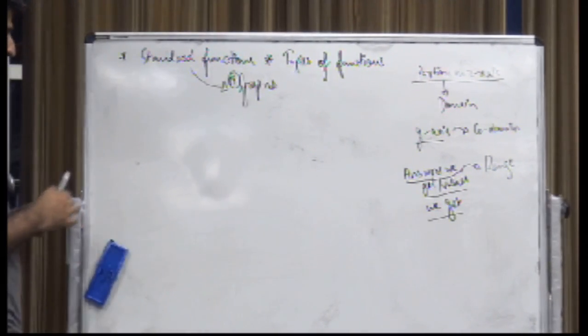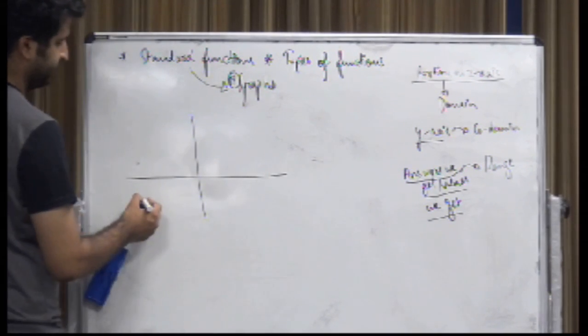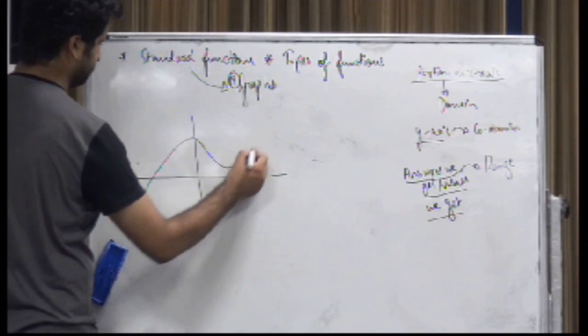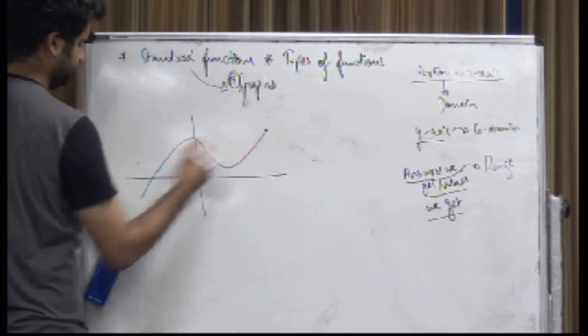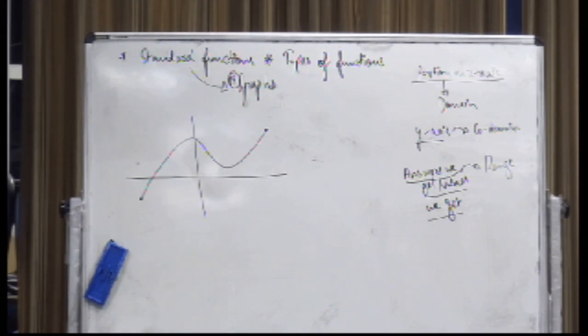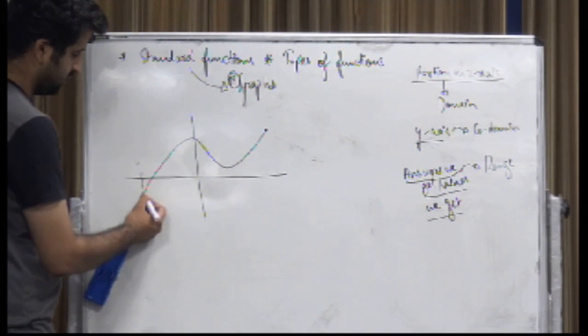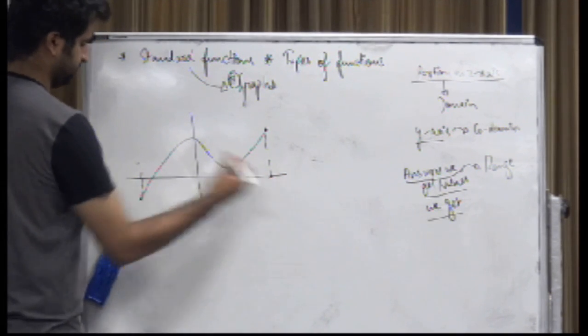In the case of a constant function, it's easy. Let's see another function like this. This is a graph of a given function. It starts from here, ends over here. So what is the domain of this function? Starting from this point up till this point.